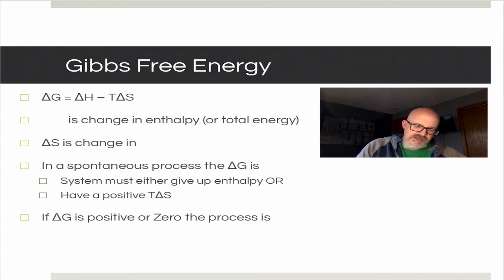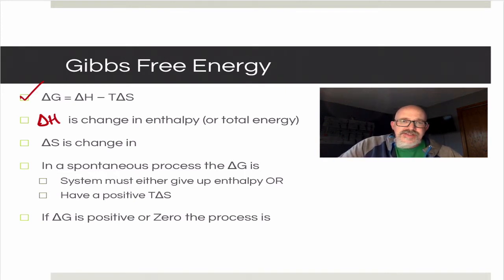The formula is listed at the top here. What do all those things mean? Well, delta H is the change in enthalpy, or total energy within a system. Delta S is the change in entropy, or disorder, depending on how you think about it.